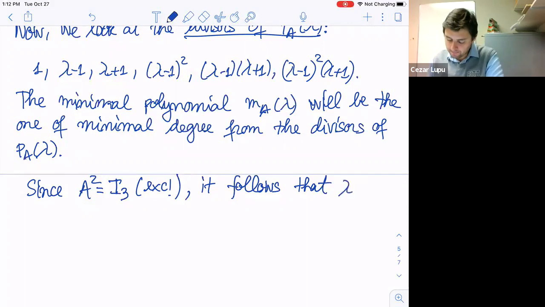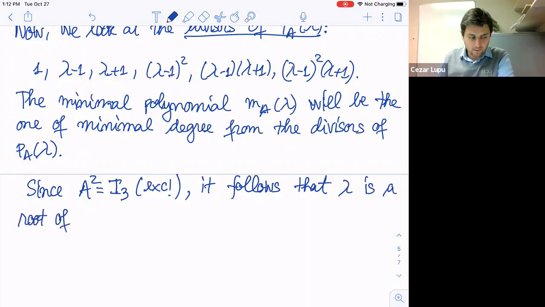Follows that lambda is a root of the equation, let's say lambda squared minus 1, right?